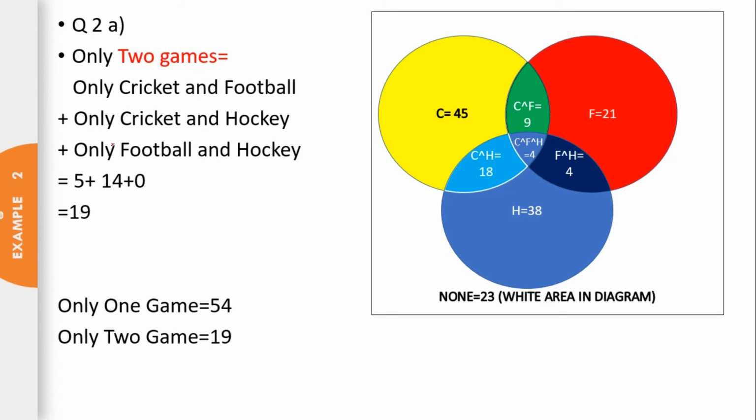So just put all of these values in this equation and we will get that there are a total of 19 sportsmen playing these two games, and this is the portion where we are getting the sportsmen which are playing two games.